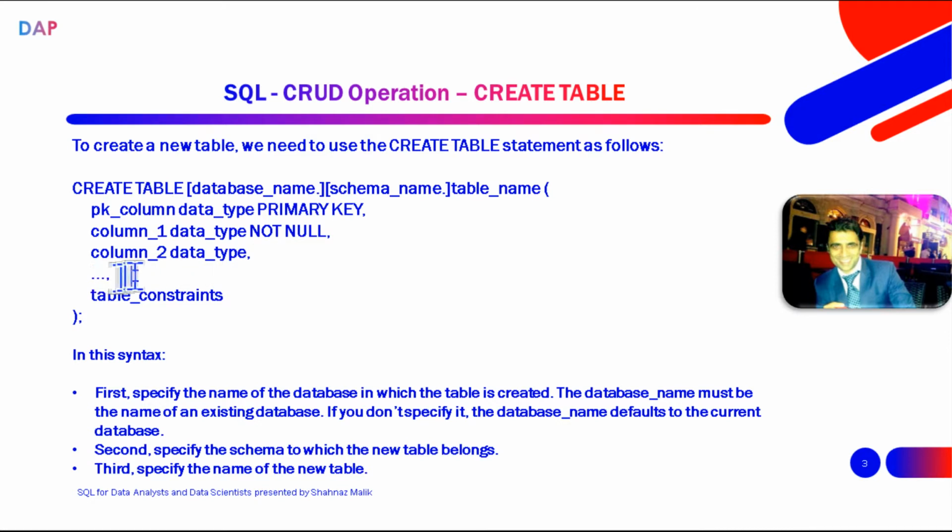Then again, column_two with its data type. So these are the ways you can create a column and its data type. You can show the data type, the size of that column, and constraints, and likewise. At the end you can show table constraints, close the parentheses, and add a semicolon, and that will create a table.